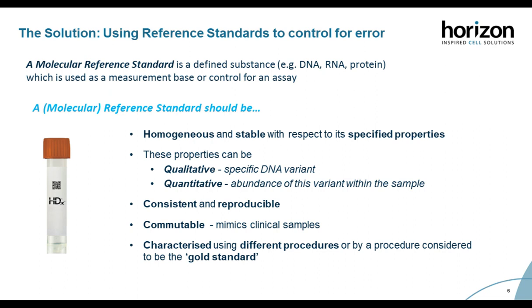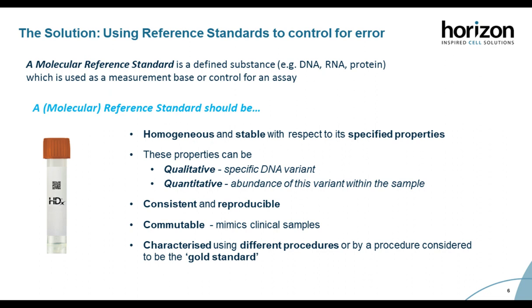A reference standard should have a number of key features which are essential to its use. It should be homogeneous and stable with respect to its specified properties. And these properties can be qualitative, such as the absence or presence of a particular variant, and quantitative, such as the abundance of this variant within the sample.